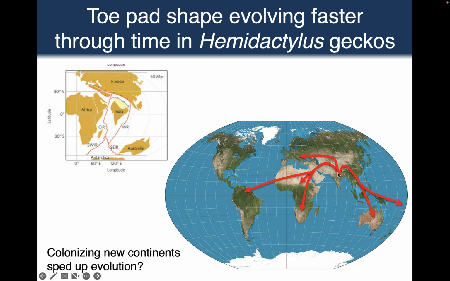And then once Hemidactylus appeared, they started colonizing the rest of the world. They colonized the Mediterranean, they colonized Africa, they jumped over to South America, they colonized all the way down into Southeast Asia, into Australia, and out into the Pacific Ocean. So they already have a really strong track record of colonizing new environments.